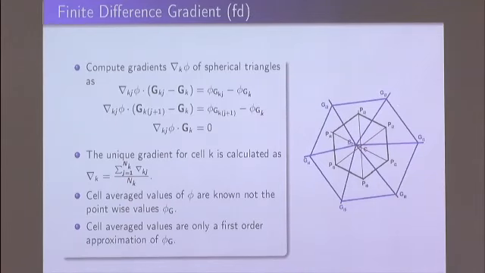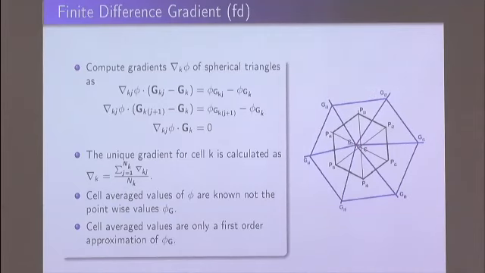To compute these gradients for these 6 or 5 triangles, we assume that the gradient of this triangle is such that the change along this great circle arc is phi_k minus phi_g, like the value of phi, the scalar field, here and here. The difference is equal to this, and the change along the gradient along this edge is equal to the value of the scalar field here minus the value of the scalar field here.